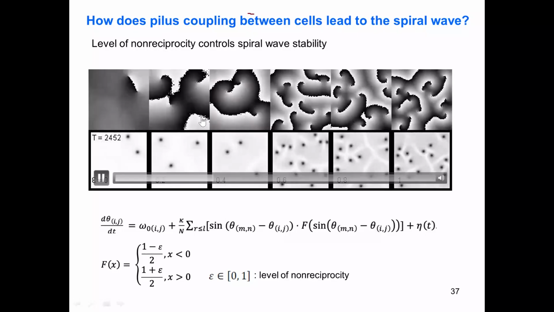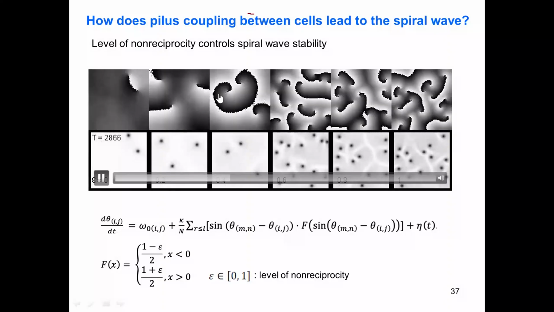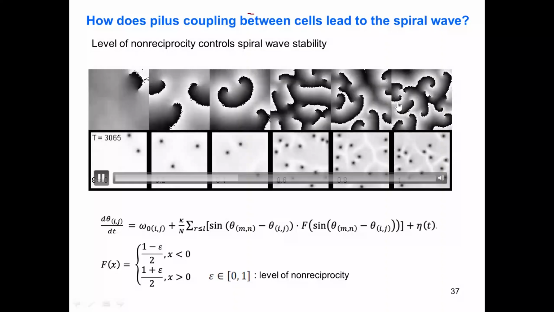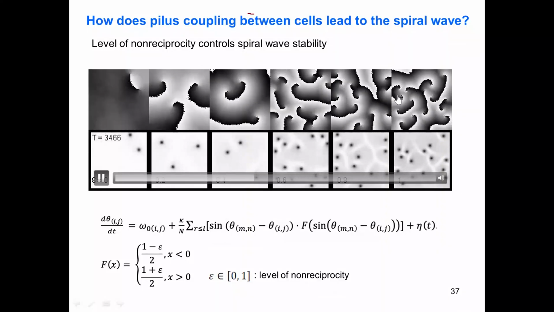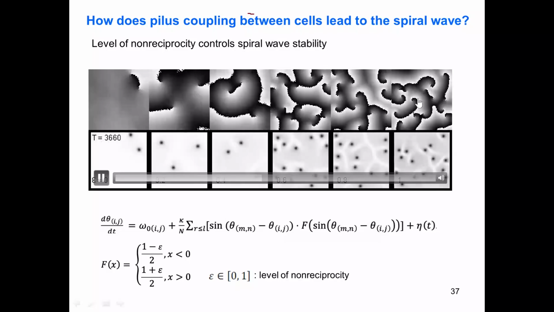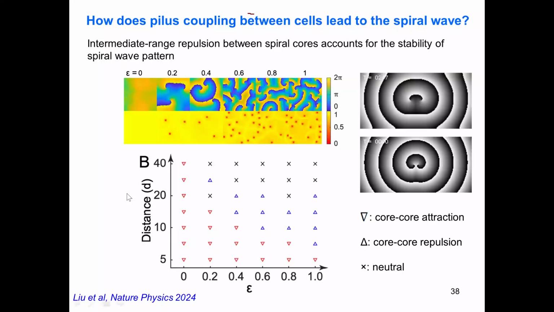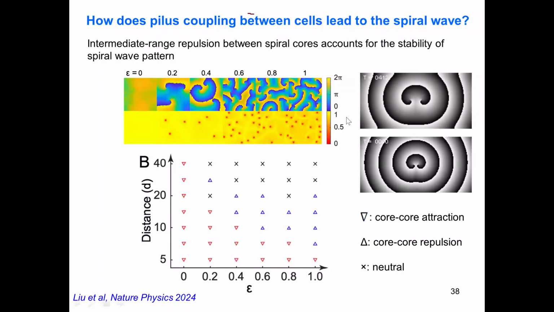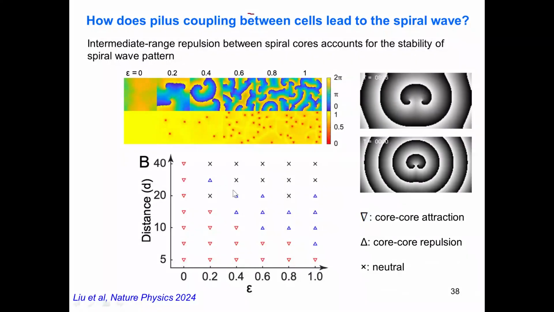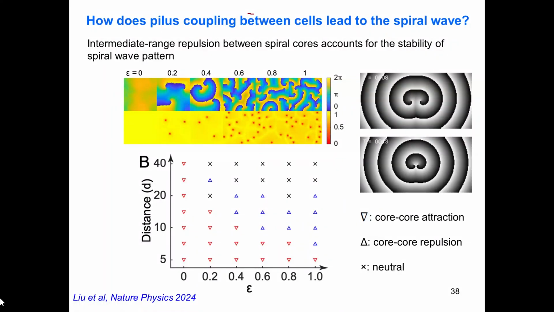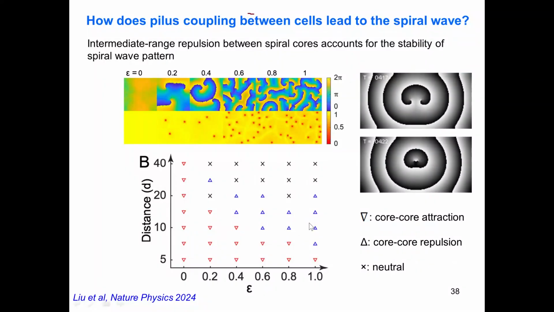Now we notice that the value of epsilon also controls the separation or the final stabilized number density of the spiral cores. Why is that? We found that there is an intermediate range repulsion between the spirals, as represented by these blue triangles.